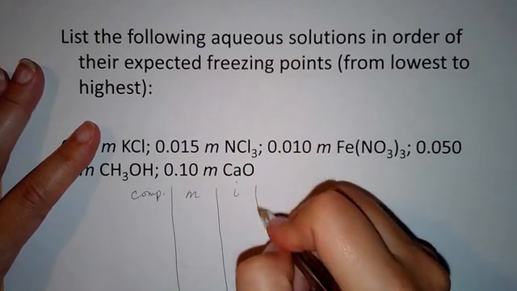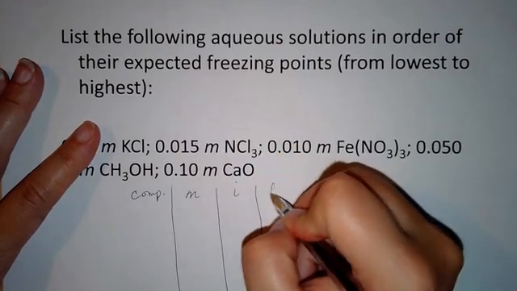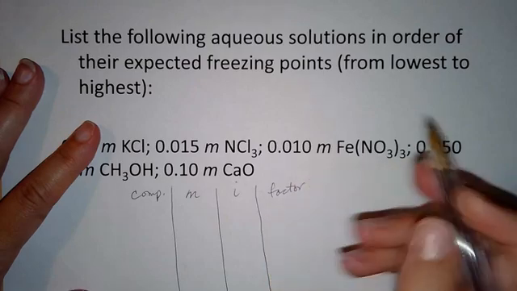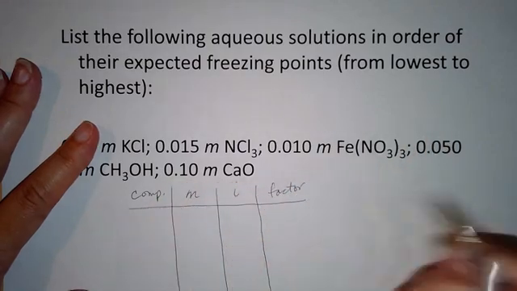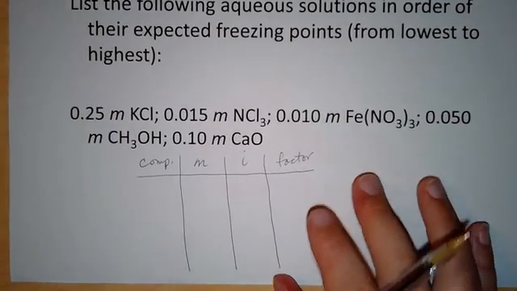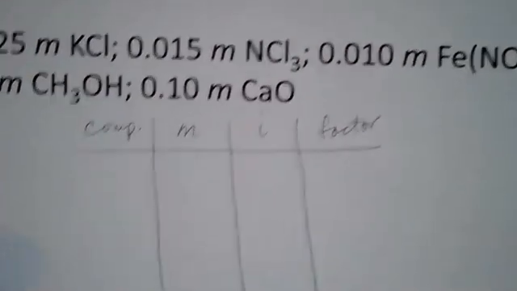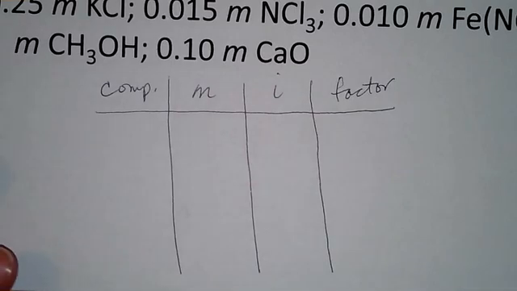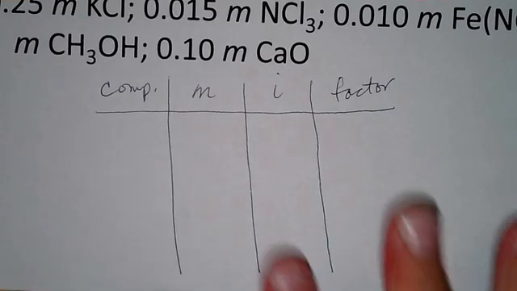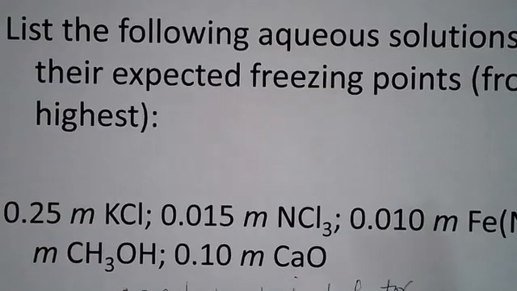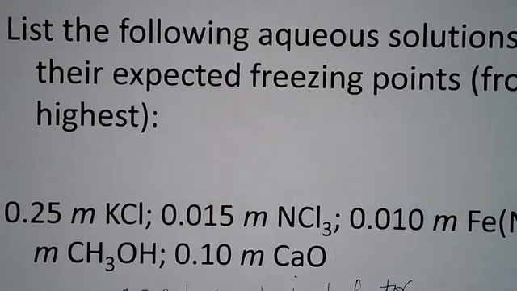So in this case, we're looking at freezing points. Alright, so we're going to rank these based on freezing point. The larger the factor, the lower the freezing point is going to be. Alright, so I'm going to write that over here. The larger the factor, the lower the freezing point.